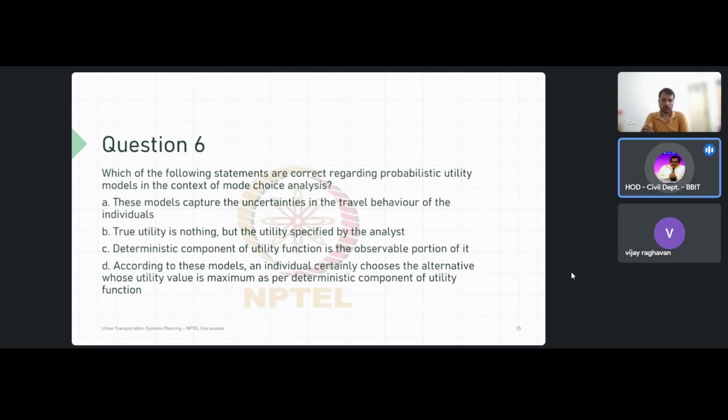The deterministic component of the utility function is the observed portion of it. Now, I think you are asking for the correct statements, right? Yeah, statements that are correct. D is correct, according to the last statement, and according to me, I think statement A, that is, the models capture the uncertainties in the travel behavior, is also correct, according to me.